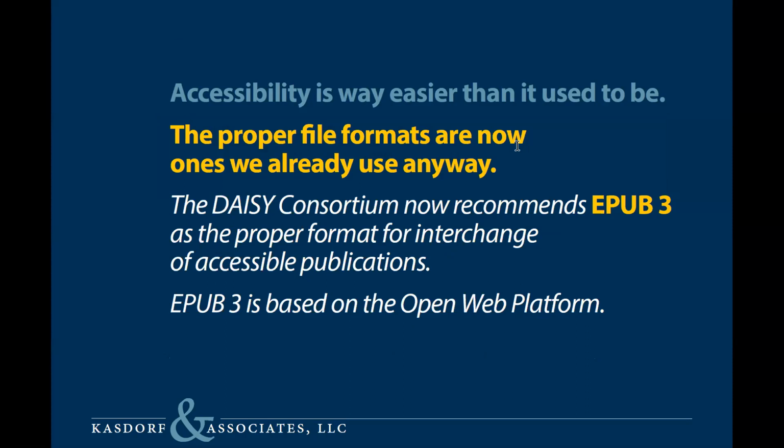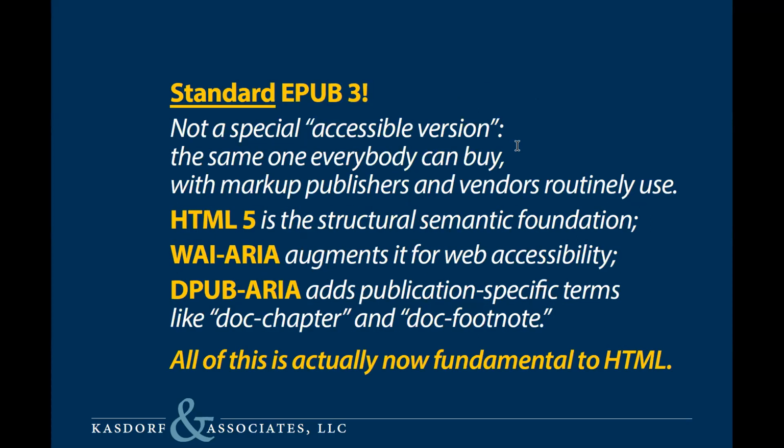A few years ago, when EPUB 3 came out, they basically abandoned their specification and said that from now on, EPUB 3 is the right format for interchanging accessible publications. Many of you probably know that EPUB 3 is based on the Open Web Platform. So we're talking about standard EPUB 3, not some specialized accessible version of EPUB 3.